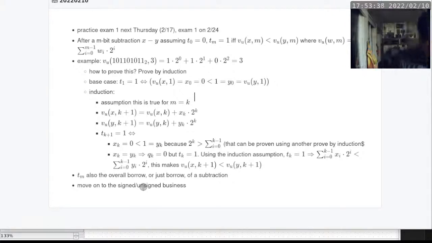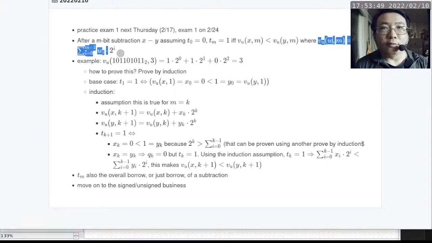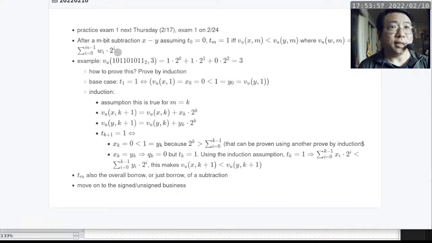All right, so we got a question. Why is the VUWM equation important? Well, that's just a definition. This part here is really just a definition of what it means when we have VUWM. We are just looking at the least significant m bits of a bit pattern, and we want to interpret those bits as a representation of an unsigned value.